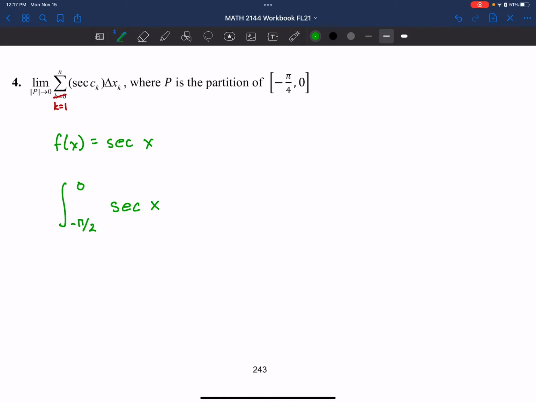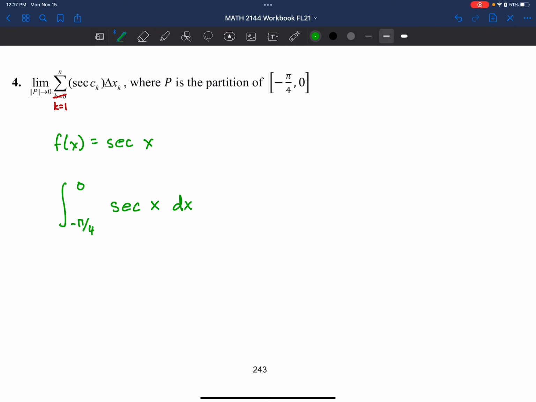So once you observed that the function we're looking at right here is secant of x, and our variable is x, oops, little typo there. It should be from negative pi over 4 up to 0.